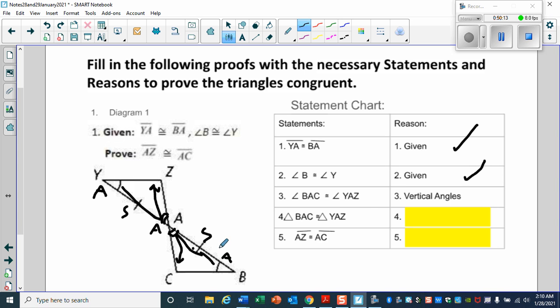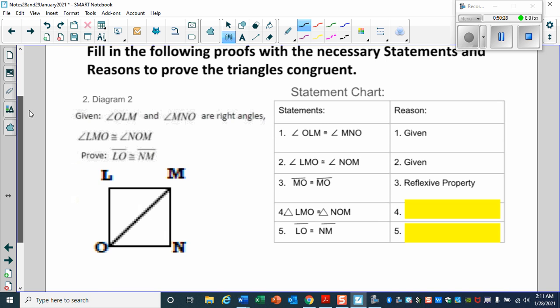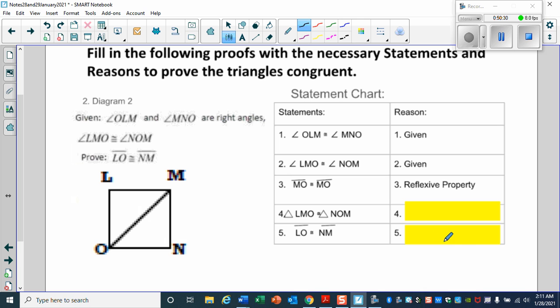Again, it goes back to this has to happen before this with the CPCTC. Basically, I think for all four, in the end, you're going to have a CPCTC.